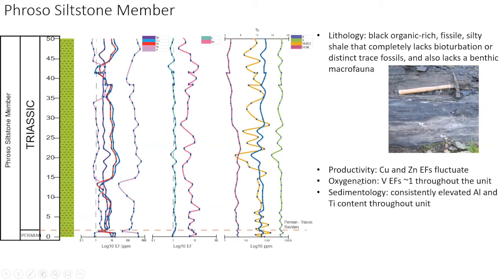Looking at oxygenation, again, vanadium enrichment factors are roughly around 1 throughout the entire unit. And finally, for sedimentology, consistently elevated aluminum and titanium content throughout the unit, much like what we saw in the Ranger Canyon Formation.